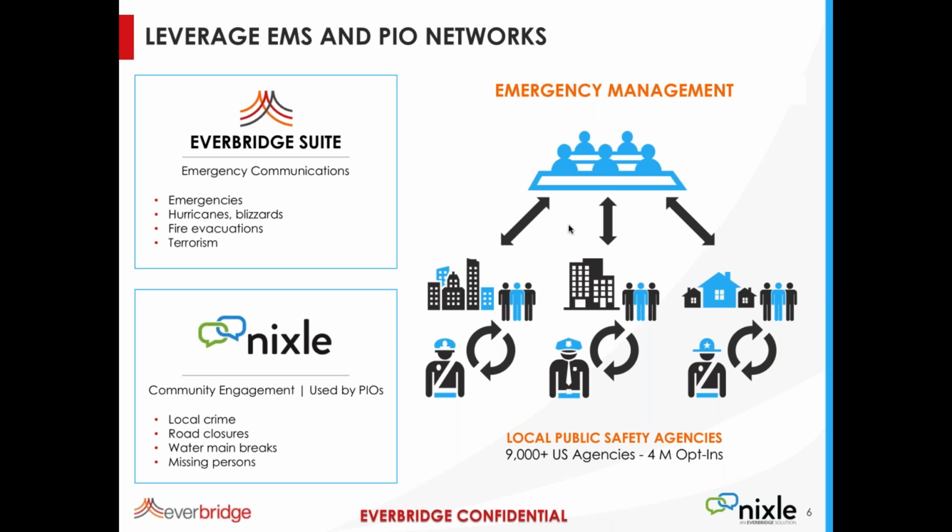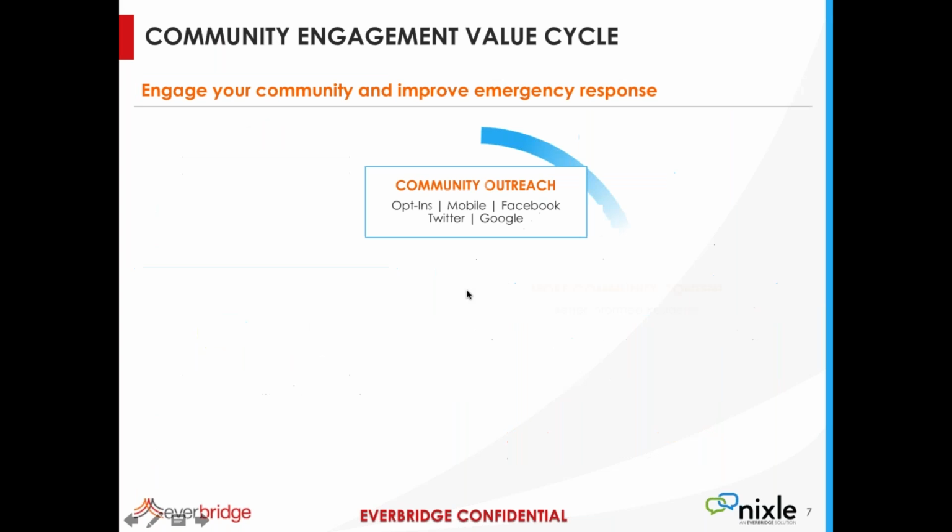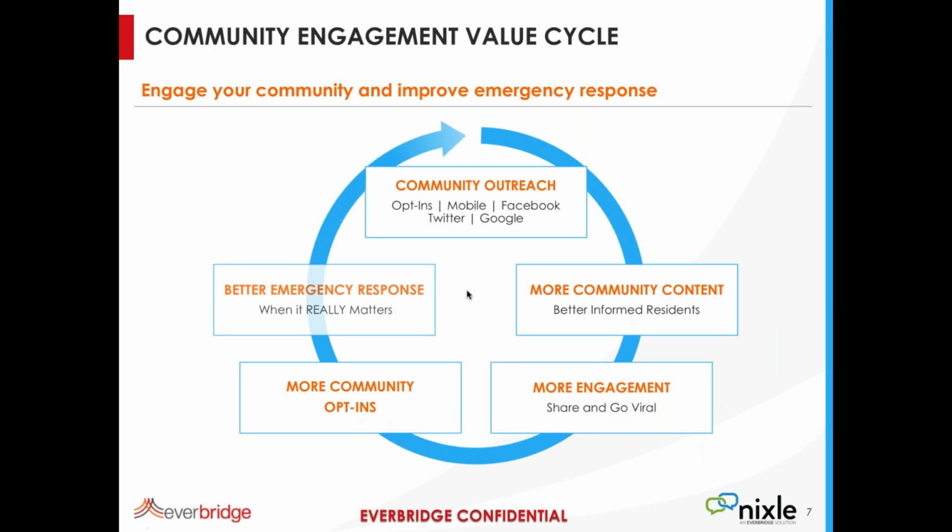But the beauty is, as those municipal agencies are interacting with the public, more and more residents begin opting in. So what we really see is what we call a community engagement value cycle, and the idea is pretty simple. The more you publish to your residents, the more residents you get, right?